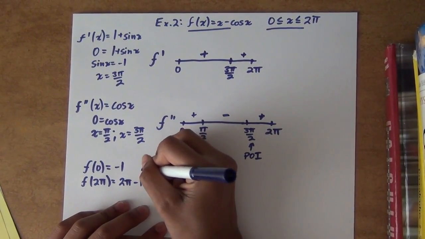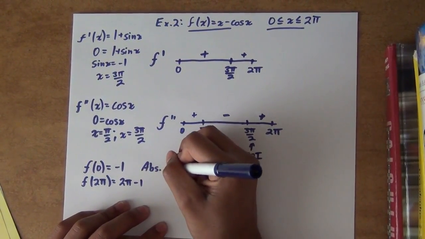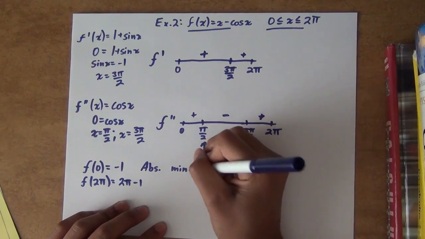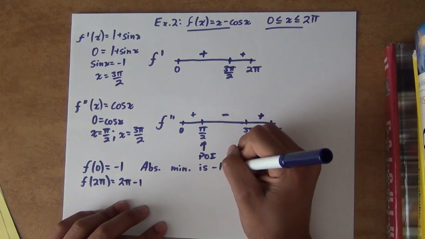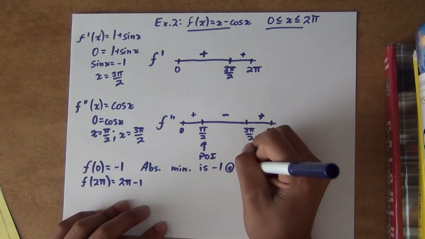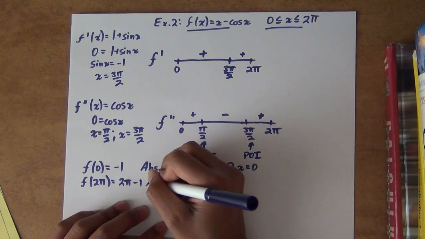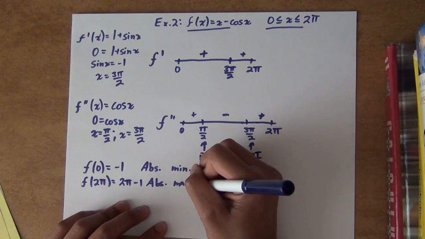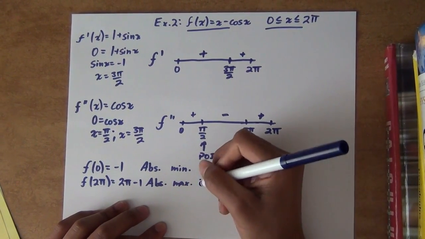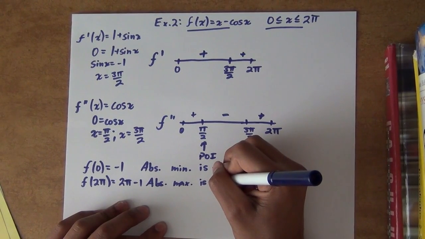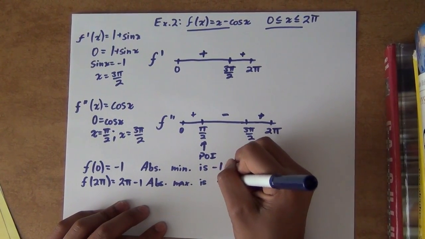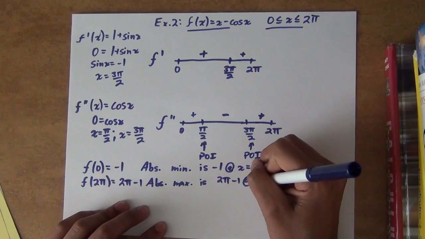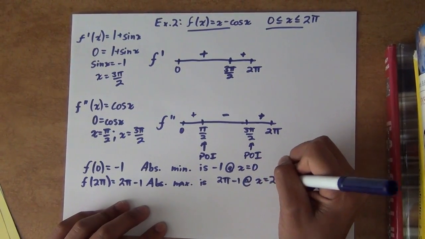So we can say, I'll just abbreviate, absolute minimum is -1 at x equals 0, and then absolute max is 2 pi minus 1 at x equals 2 pi.